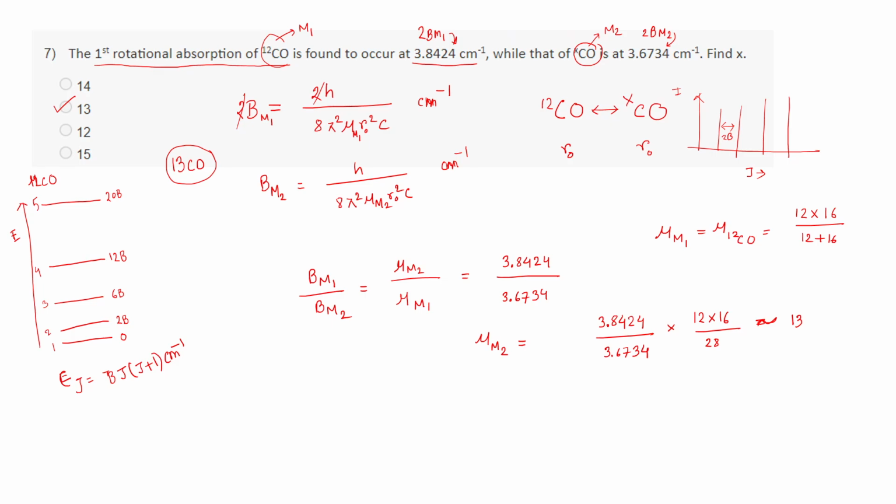You are correct, you are going on a correct path. So if you go from 12CO to 13CO, your B is going to decrease, right? So then what will happen to your energy levels?